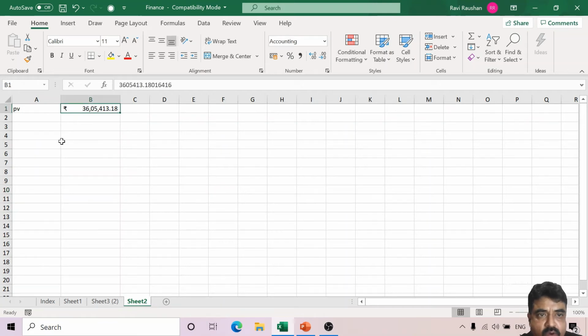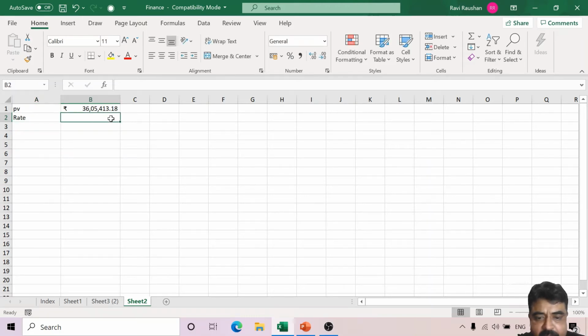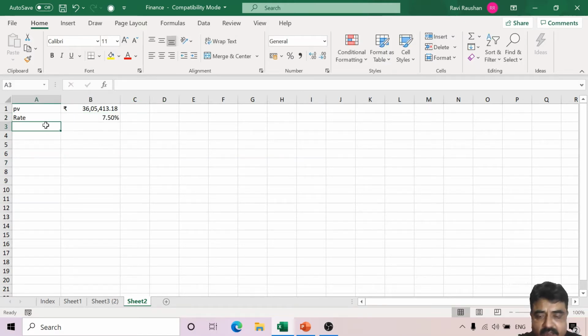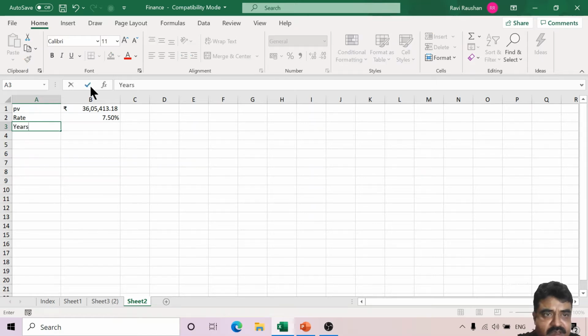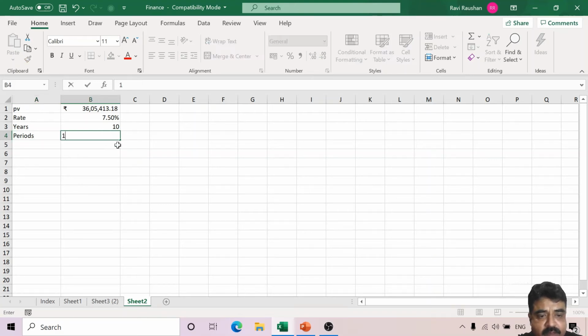This is the loan, and SBI said the rate of interest they are giving is 7.5%. They are giving a 7.5% rate of interest, and the years is 10 years, and the number of periods per year is 12, so I'll have to make 12 payments.